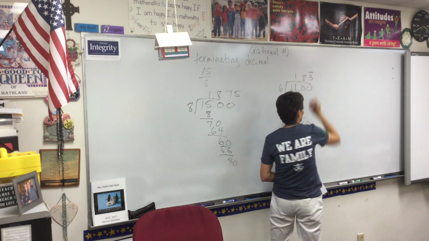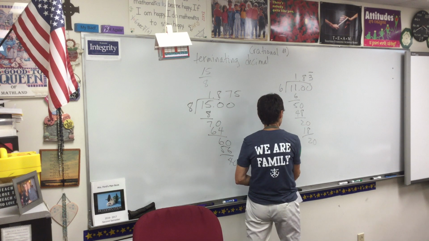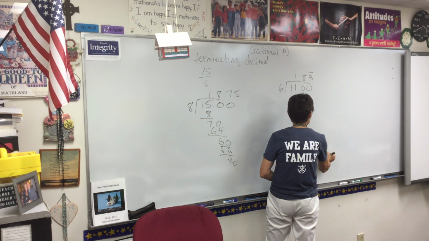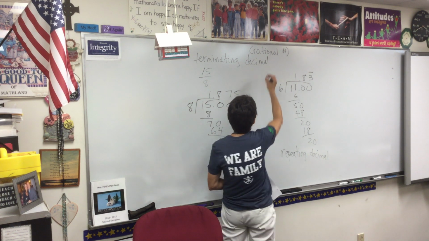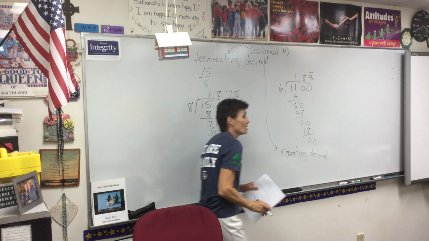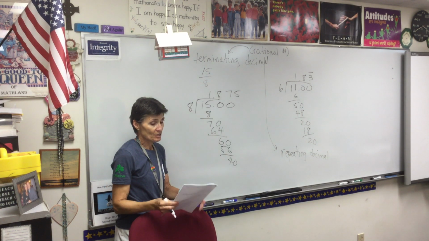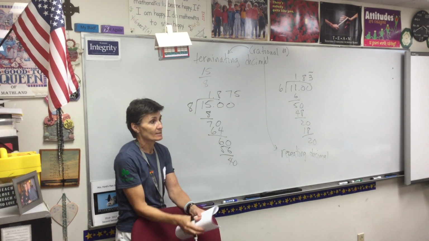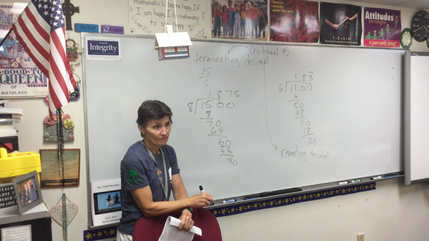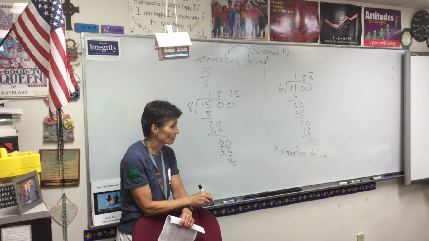Repeating decimal. This is an example of a repeating decimal. Guess what? Repeating decimals are also rational numbers. So any decimal that terminates or repeats is called a rational number. If the decimal terminates or repeats, it's rational.